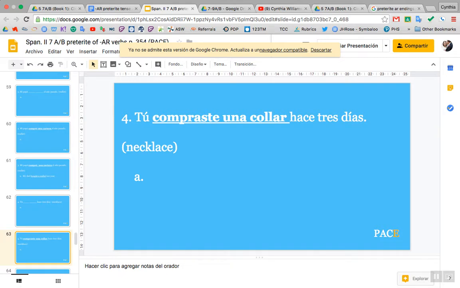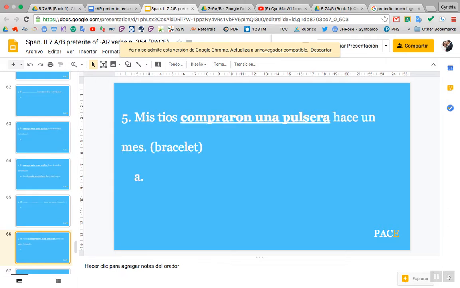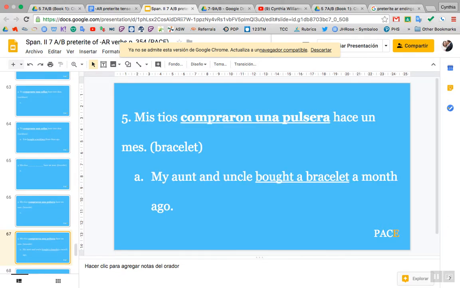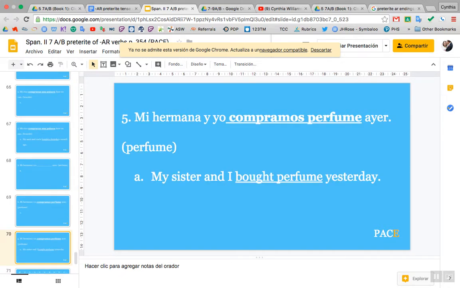Tú compraste un collar hace 3 días. You bought a necklace 3 days ago. Número 5. Mis tíos compraron una pulsera hace un mes. My aunt and uncle bought a bracelet a month ago. And 6. Mi hermano y yo compramos perfume ayer. My brother and I bought perfume yesterday.